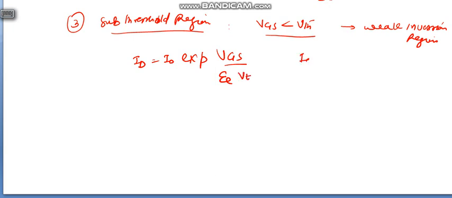Here I naught is directly proportional to W by L of the MOSFET, and this is constant, and VT is the thermal voltage.